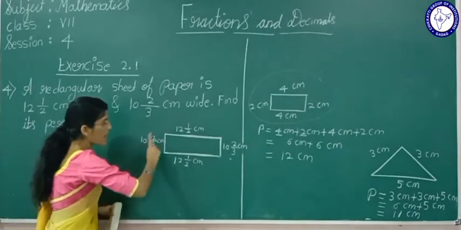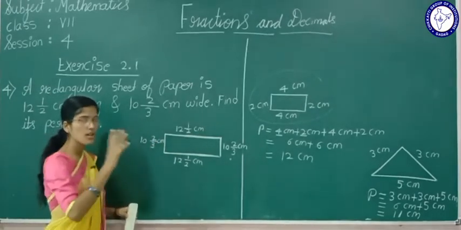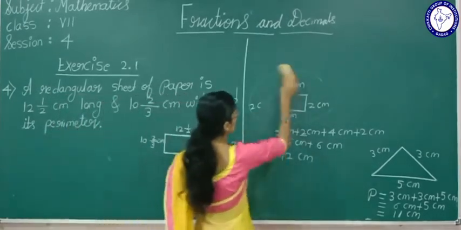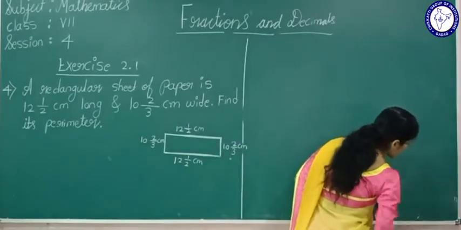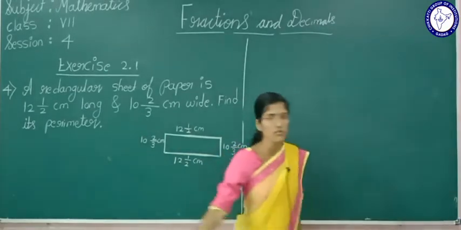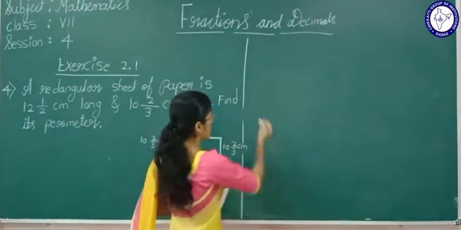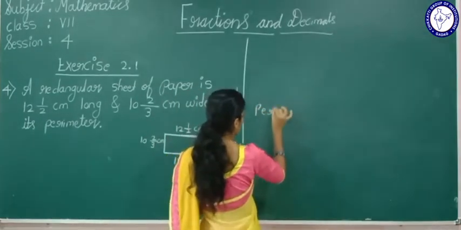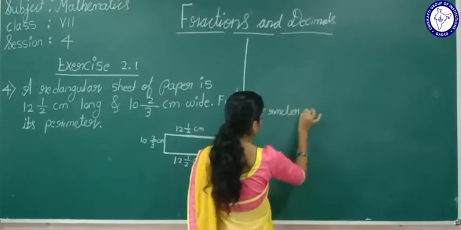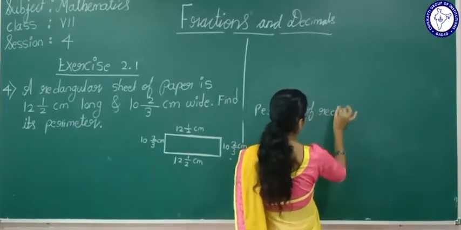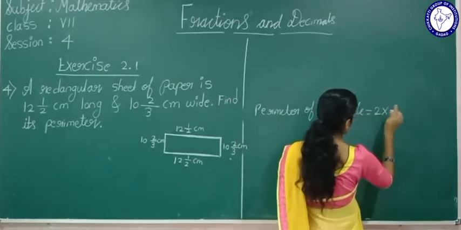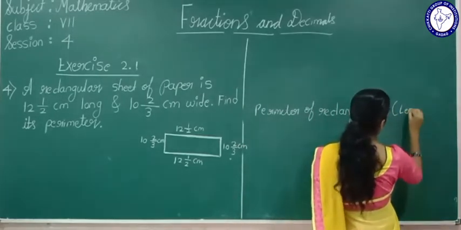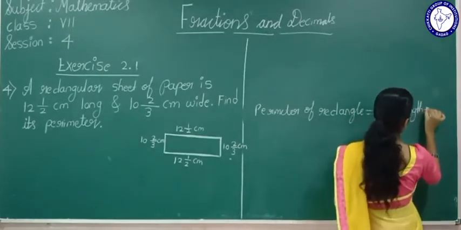You can add all these sides or you can use the formula. In 6th standard we have learned the formula for the perimeter of a rectangle. Students, what is the formula? Perimeter of rectangle is equal to 2 into length plus breadth.